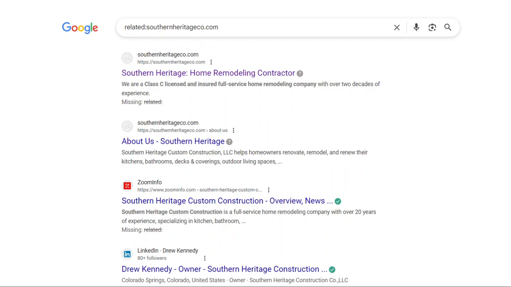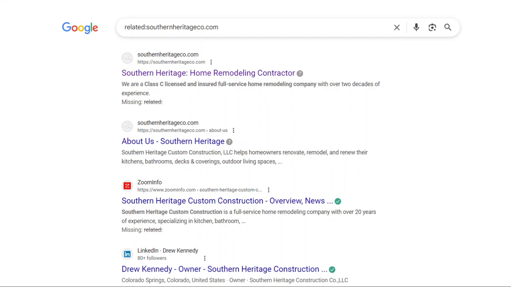If we put in the prefix related colon in front of the website address, immediately we're able to see Google indexing, of course, the website, but also that the company can be found in ZoomInfo and LinkedIn and many others. This is a great way to quickly see all of the different ways somebody is pointing to the use of the Southern Heritage Co. website.